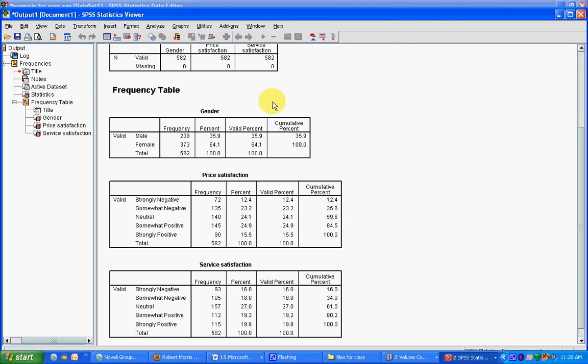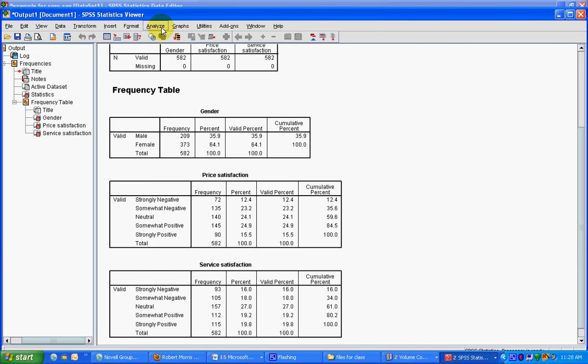The next thing we're going to do is analyze. Since we can do central tendency with the satisfaction variables, let's take a look at the satisfaction variables and the means, the standard deviations, and some of the other descriptive statistics that we can get into with this.